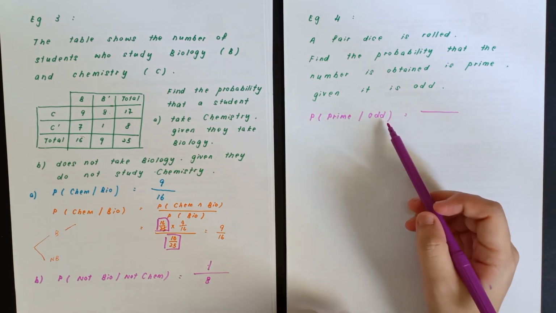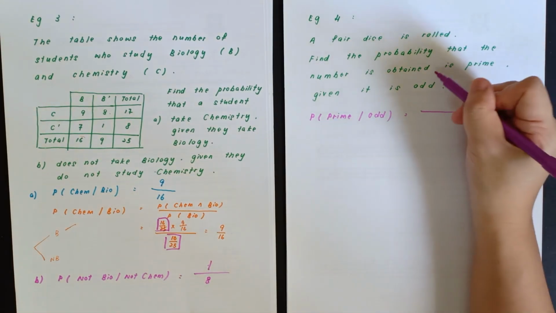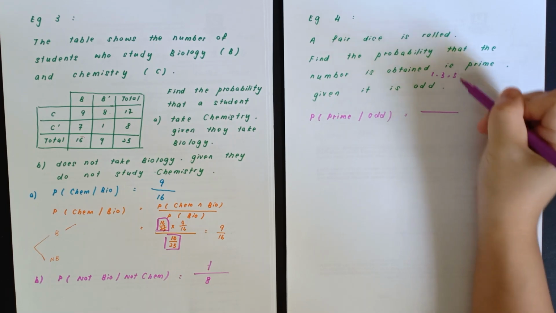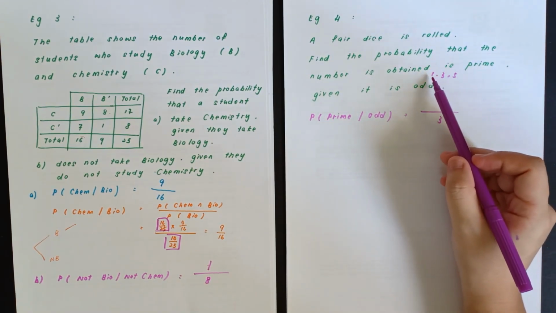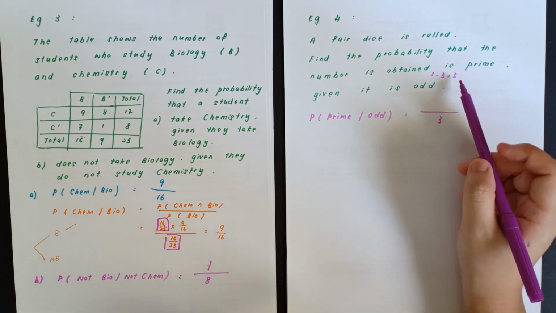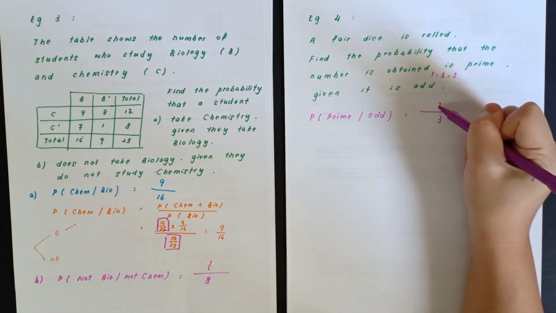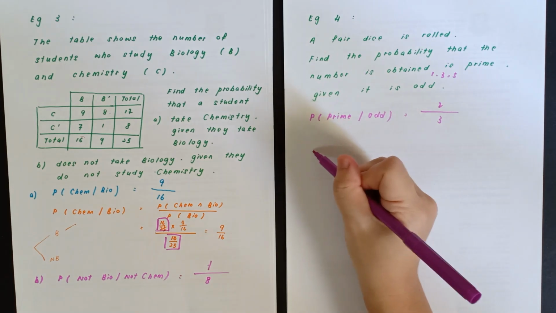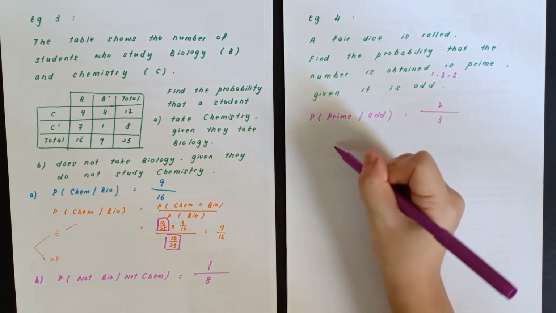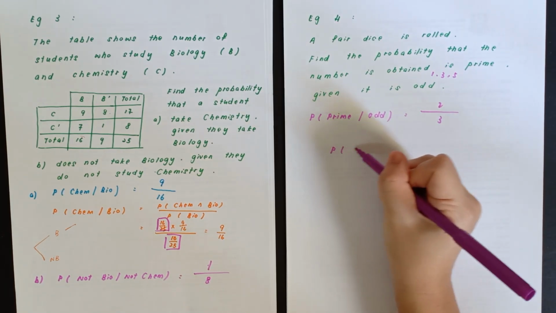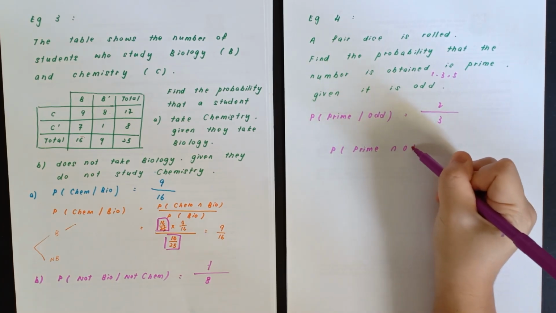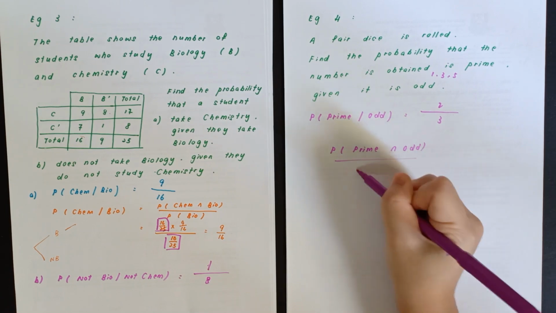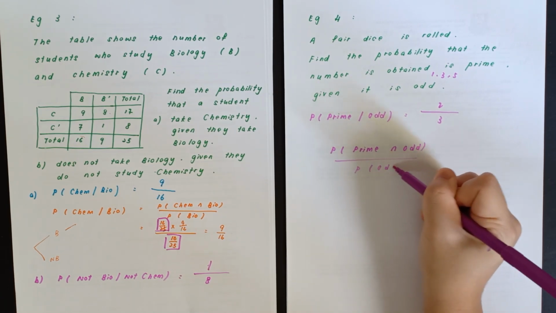You are looking at odd, so 1, 3, 5. So you have 3. Out of these 3, how many are prime? 1, 2. 1 is not a prime number, okay? So 2 over 3. If you want to use the formula, it will be probability of prime intersect with odd, divided by probability of odd.